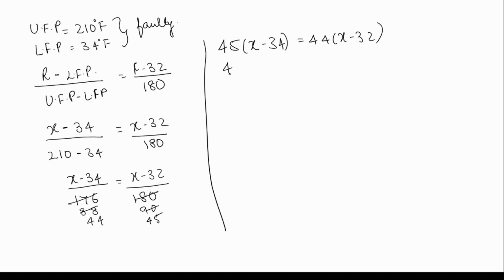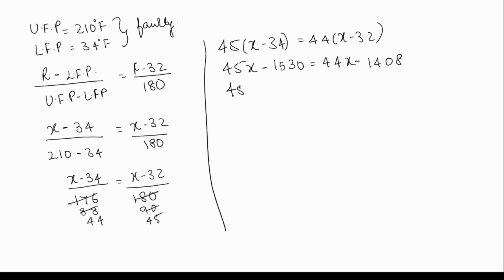So 45x minus 45 into 34, which is 1530, is equal to 44x minus 44 into 32, which is 1408. So we'll get all the x terms this side and constants this side.